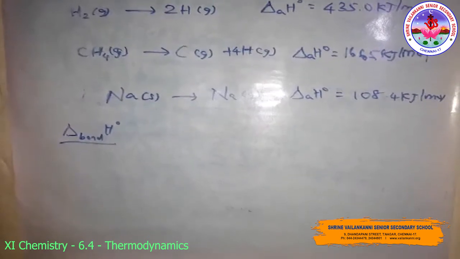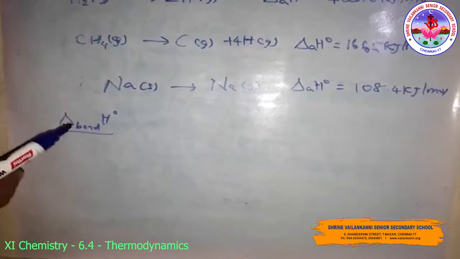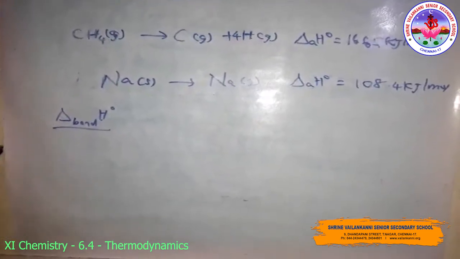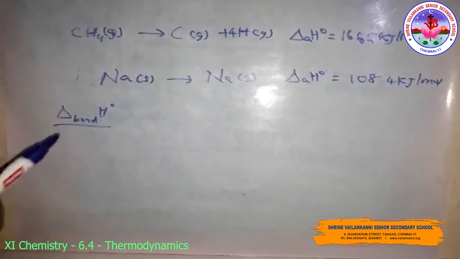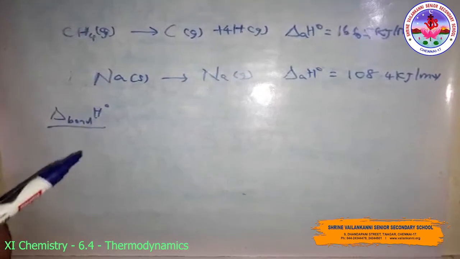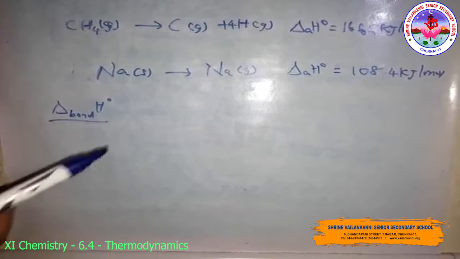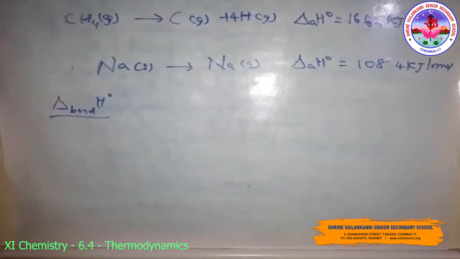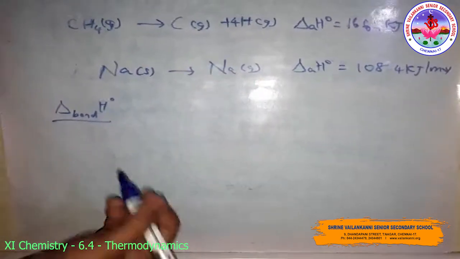Energy is required to break a bond, and energy is released when a bond is formed. So it is possible to relate the heat of a reaction to the changes in energy associated with breaking and making chemical bonds. With reference to the enthalpy change associated with chemical bonds, two different terms are used in thermodynamics.